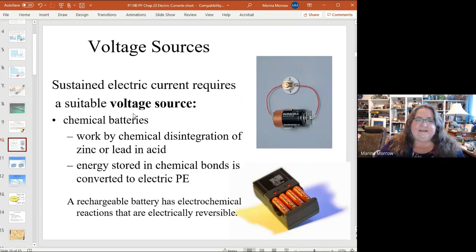Batteries can work by chemical disintegration of zinc or lead and acid. So like a car battery, you never want to play around with those because they have acid inside the chambers. And so chemical bonds can release energy as electrical energy. Rechargeable batteries have reversible chemical reactions so that you can bring the battery back up to a potential difference.